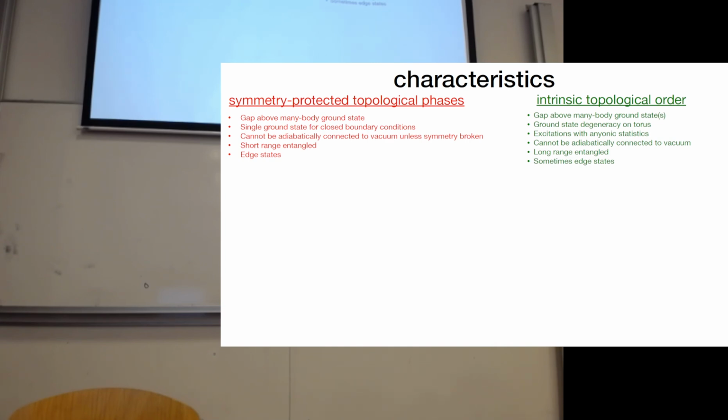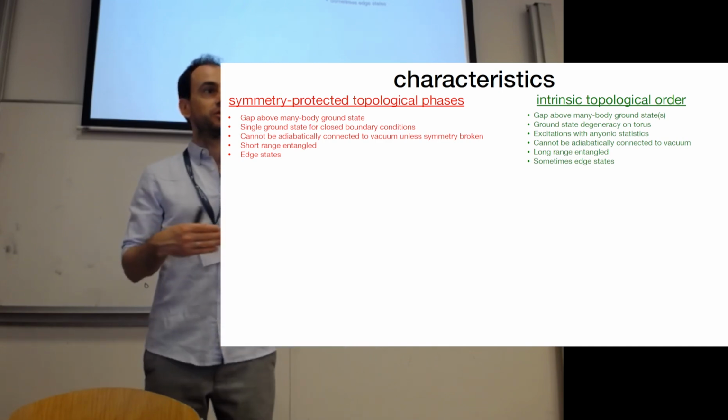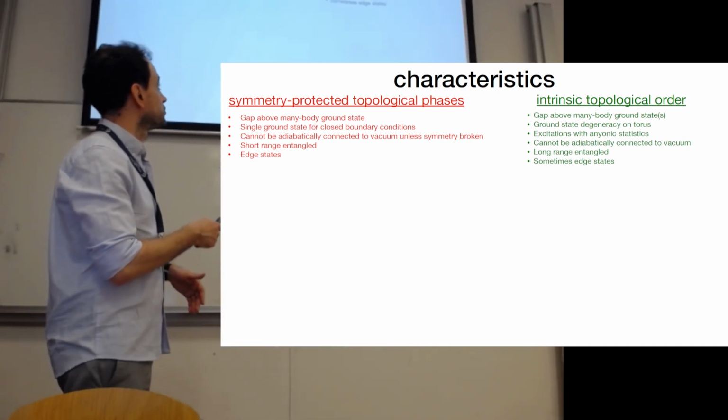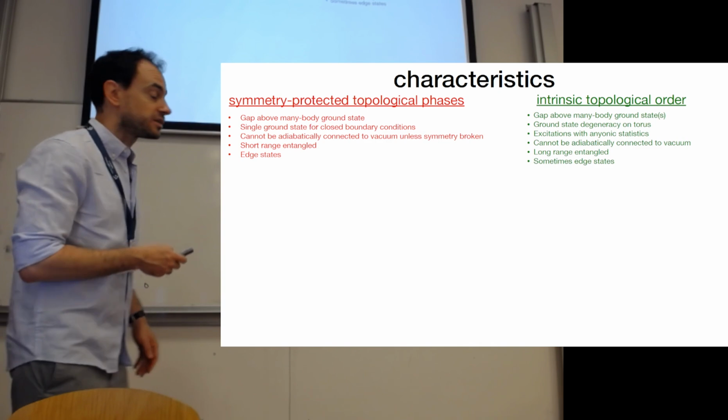This was a solid state physicist perspective, but there's a quantum information version of the same statement. Intrinsic topological order is long-range entangled in the sense that if you start from a product state, there is no finite-depth unitary circuit that can produce such an intrinsically topologically ordered state.